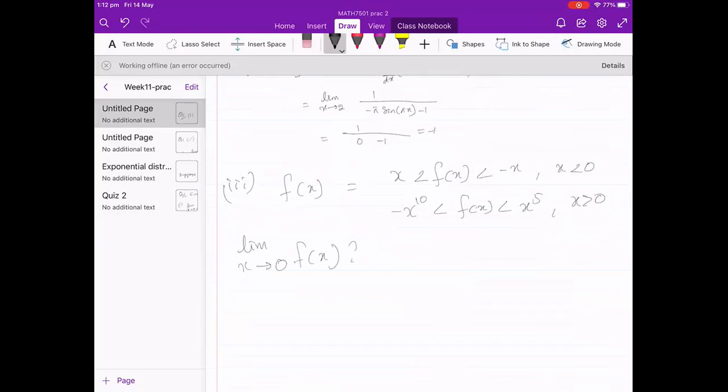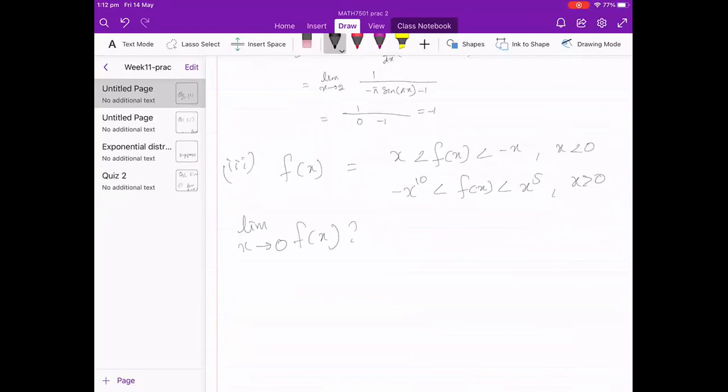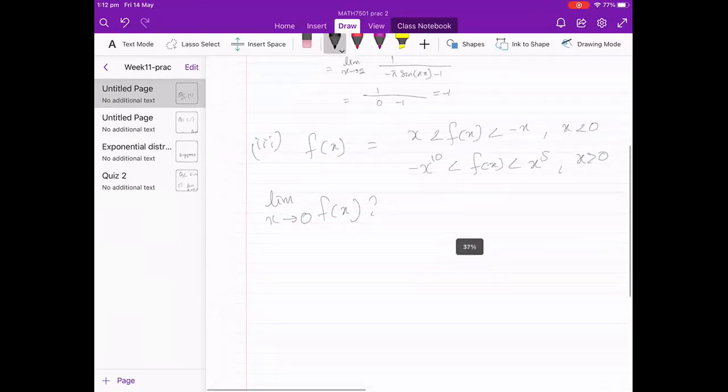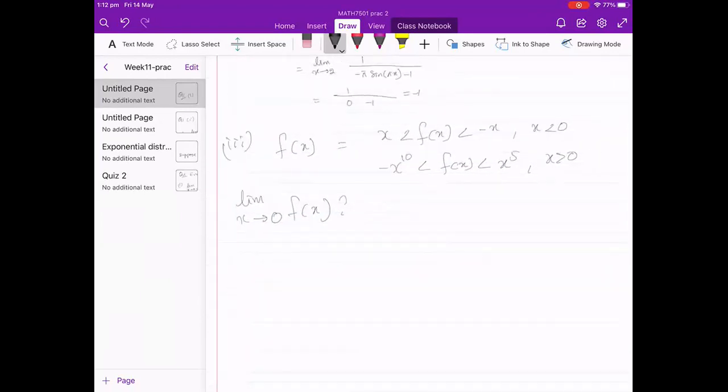How do you find this? What's the approach that you're going to use? Anyone? Just give your thoughts. f(x) is bounded between two functions. Does this ring a bell to you?